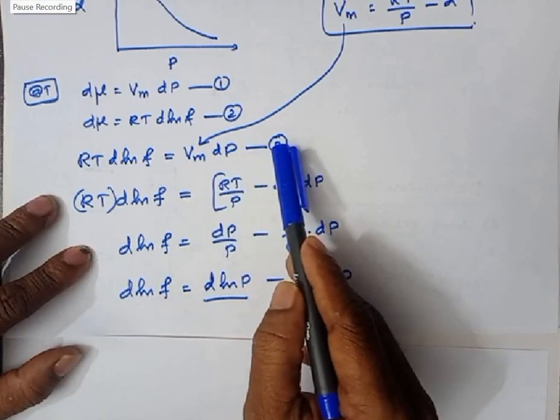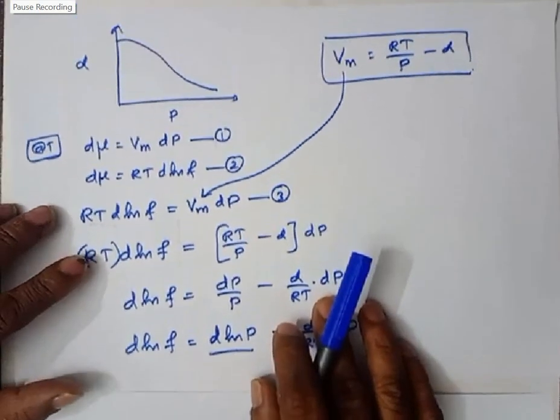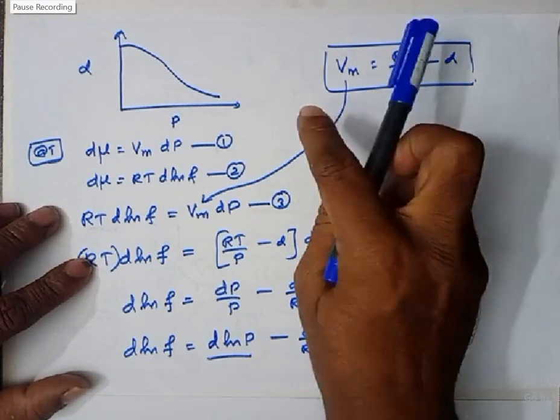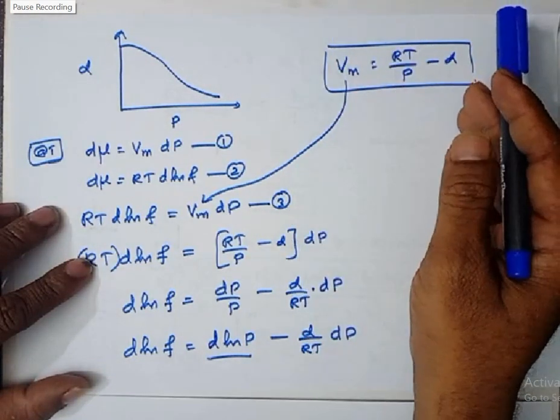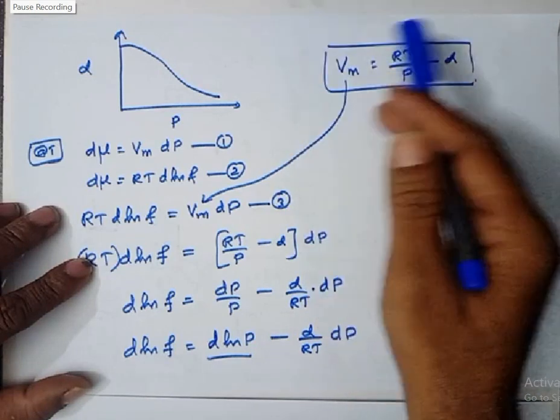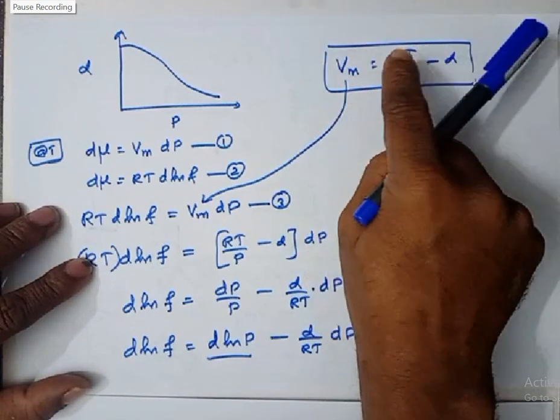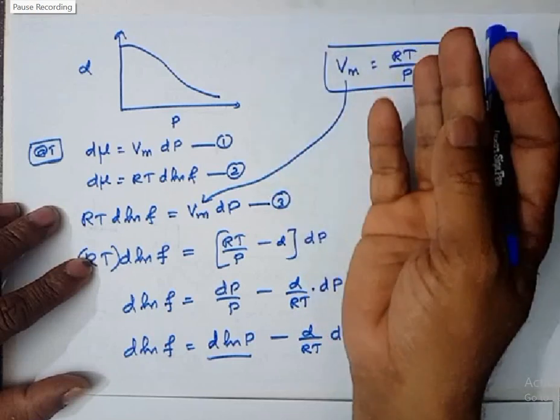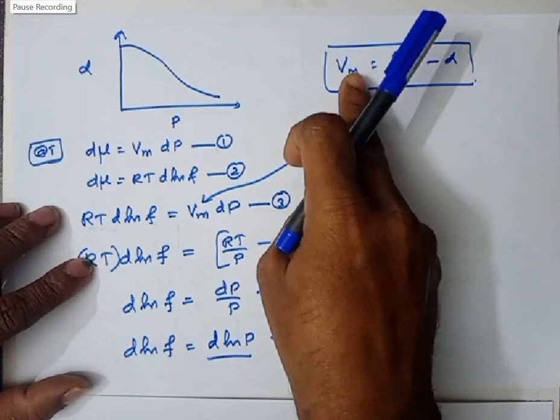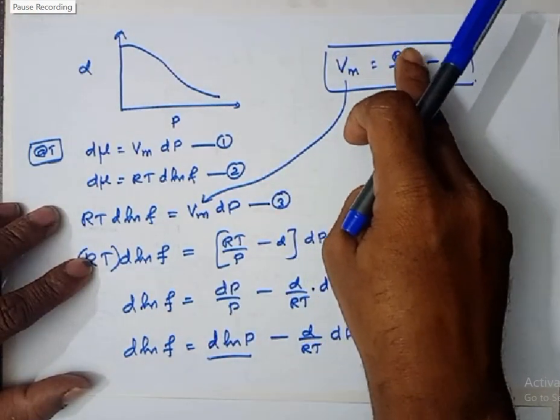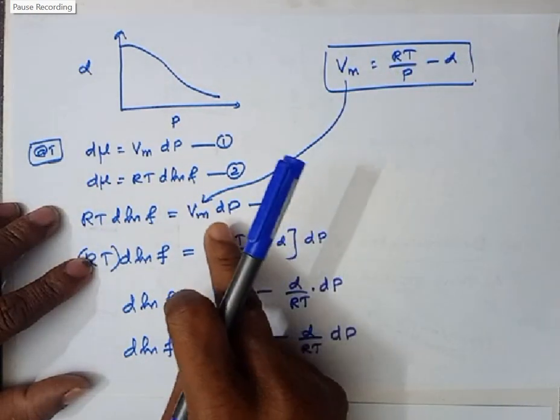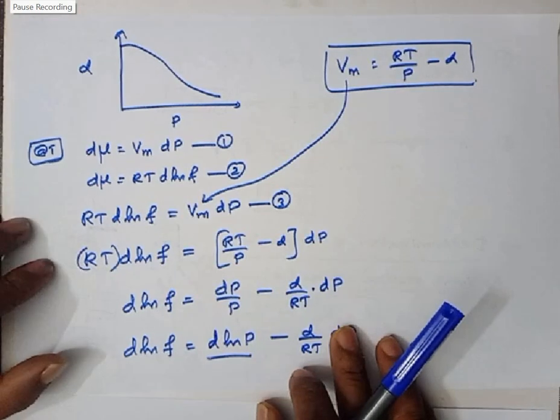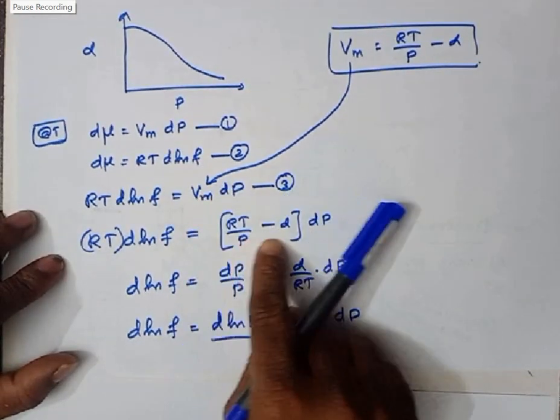Take this as equation number 3. Then alpha is equal to molar volume of ideal gas minus molar volume of real gas. For the molar volume of ideal gas, you put RT by P. Then rearrange that, and you will get the molar volume for the real gas, which is RT by P minus alpha. Substitute this in the place of Vm.